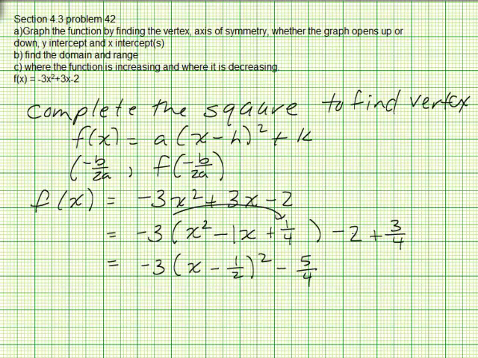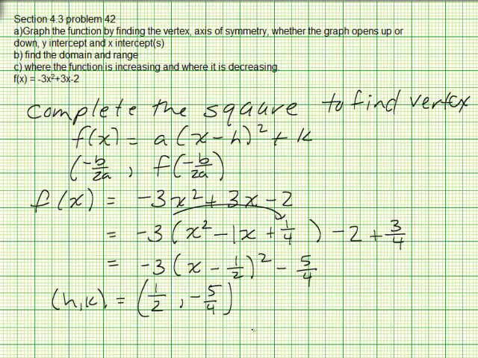This is negative 2, which is 8/4, minus 8/4 plus 3/4 gives us negative 5/4. So based on that, our vertex h, k should be at 1/2 and then negative 5/4.